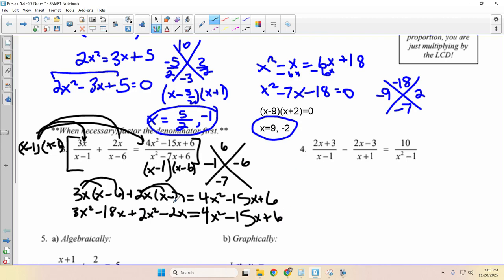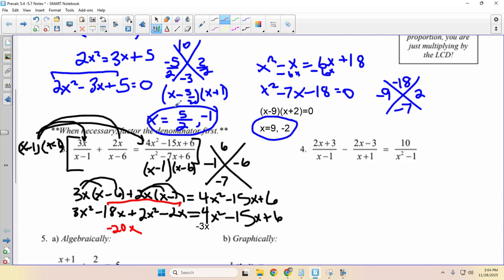Since we have 4x squared, let's move everything over here. We're going to combine the negative 18x and negative 2x to be negative 20x.